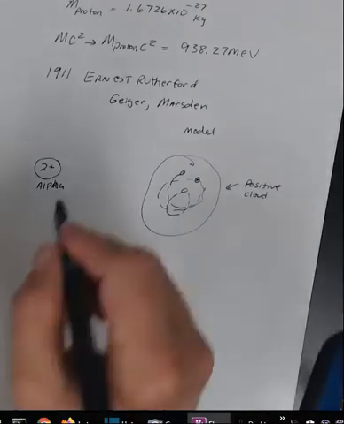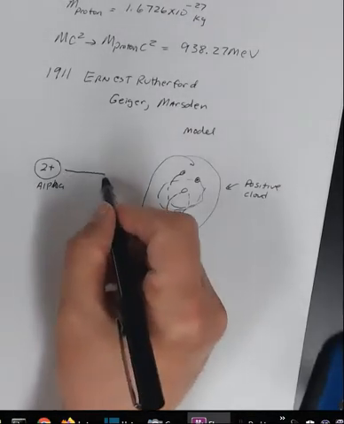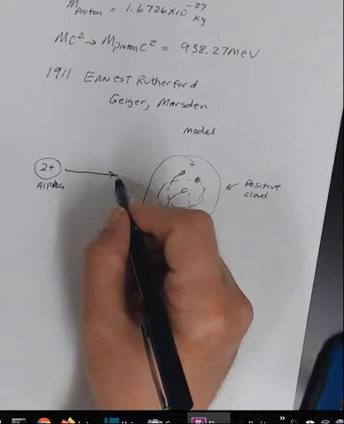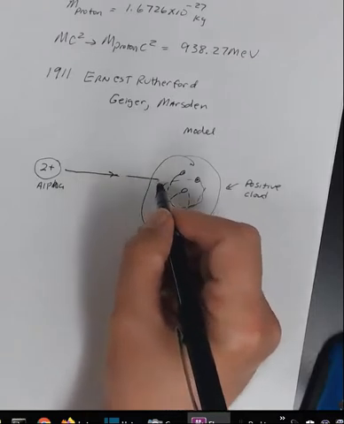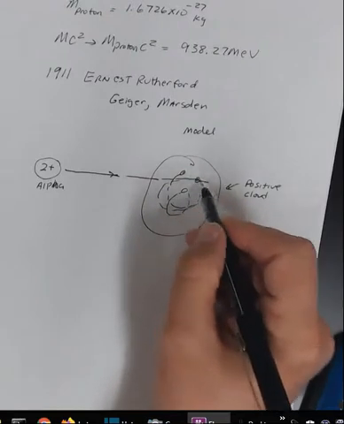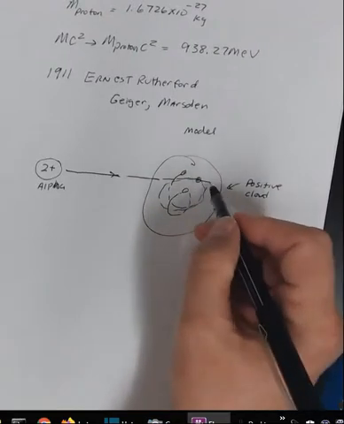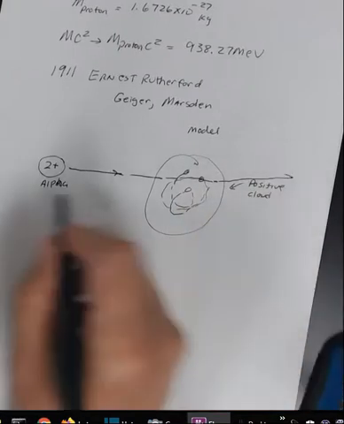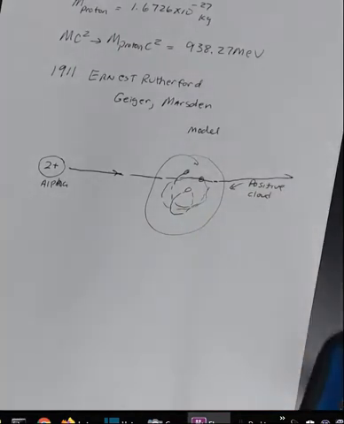According to this model, once the alpha particle gets into the positive charge, there's really no net charge on it. It sees electrons here and here randomly. So when it comes out, if it does go through there, it should not scatter very much at all.